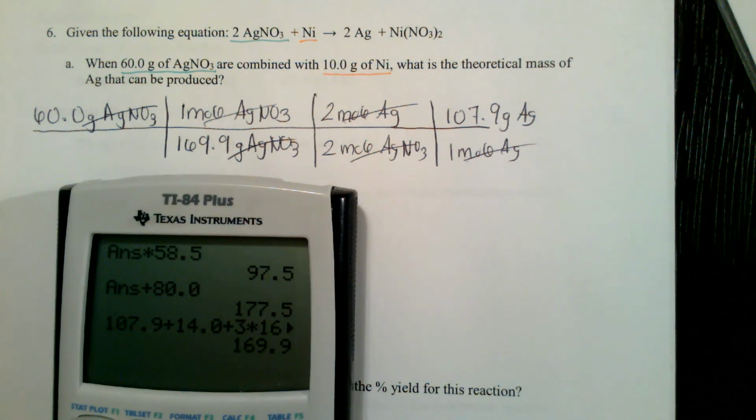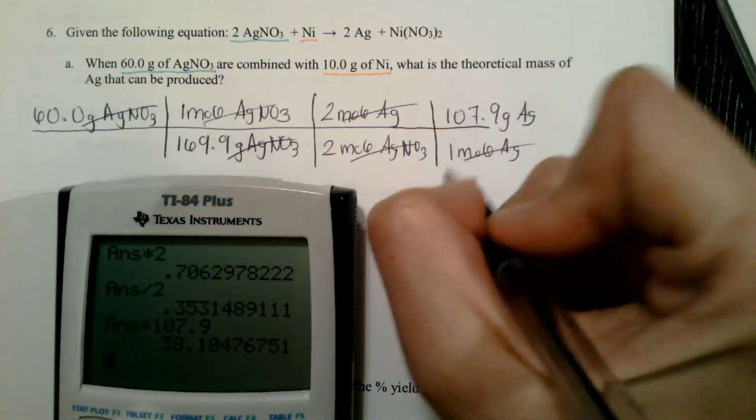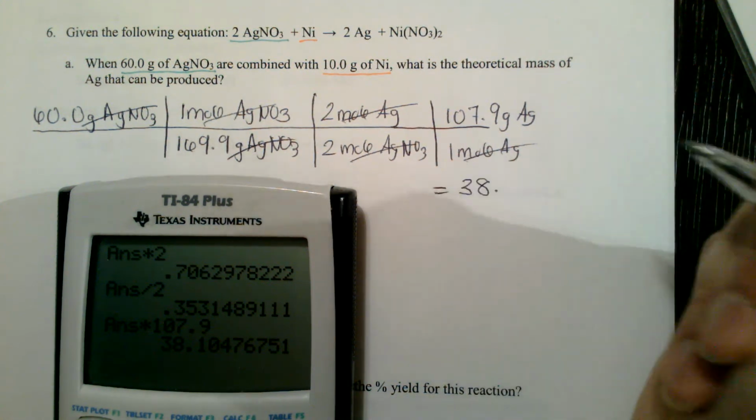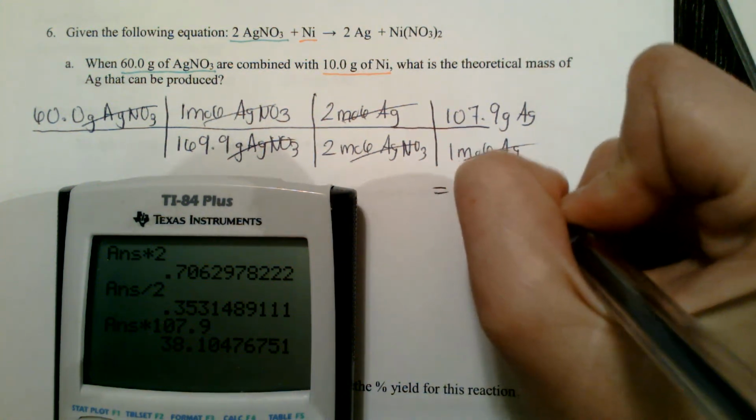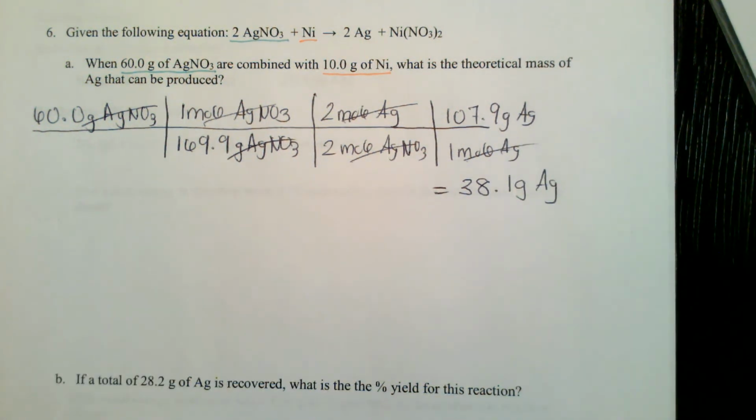So we have 60 divided by 169.9 times 2 divided by 2, and then times the 107.9. If all of this reacts, we can get 38.1 grams of silver.